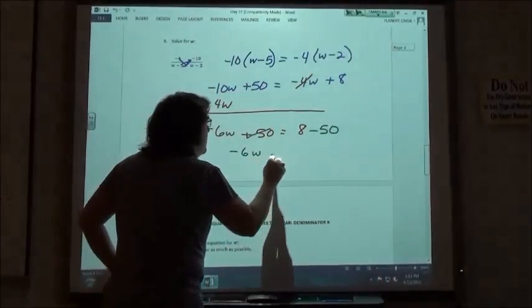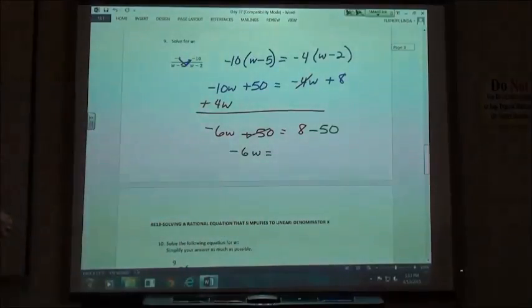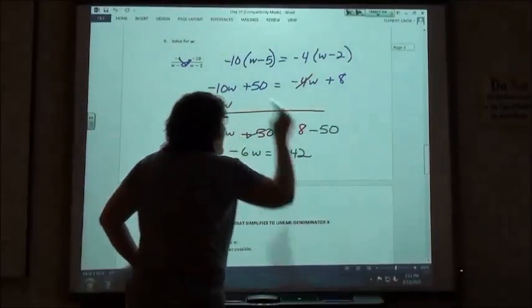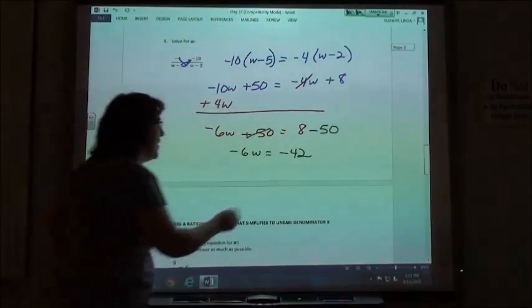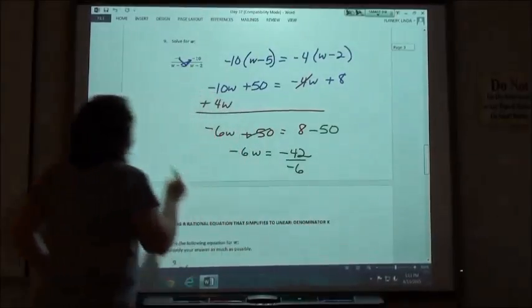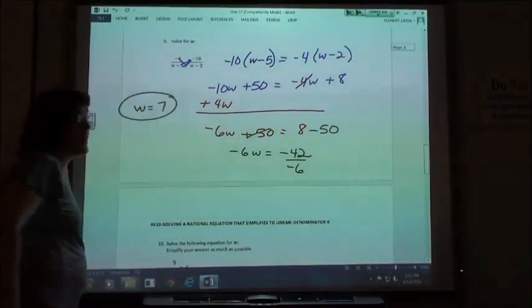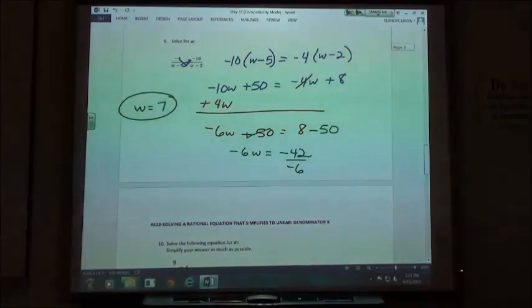Negative 6w equals negative 42. And then divide. So w equals, whoops, I got a negative divided by a negative, so positive 7.